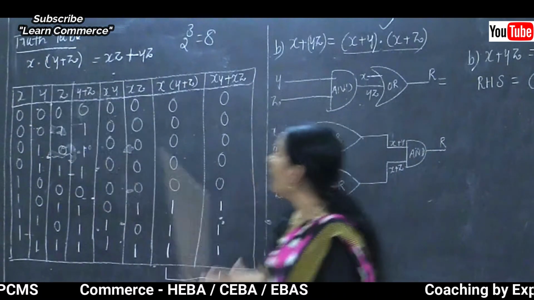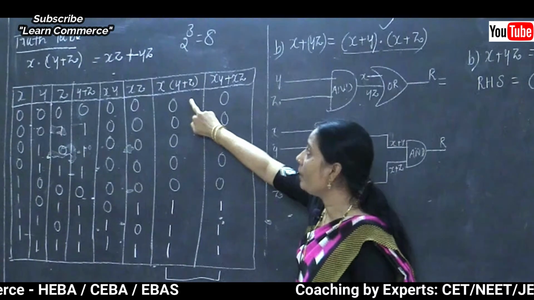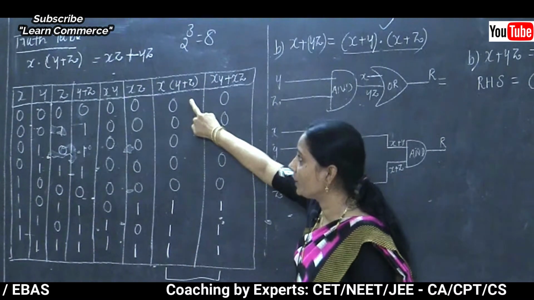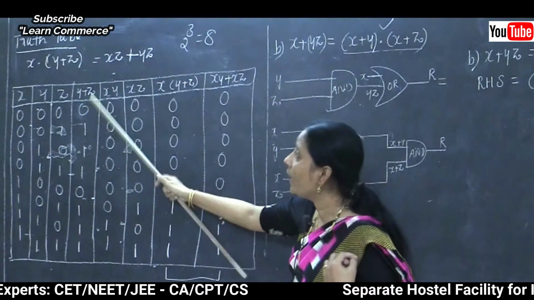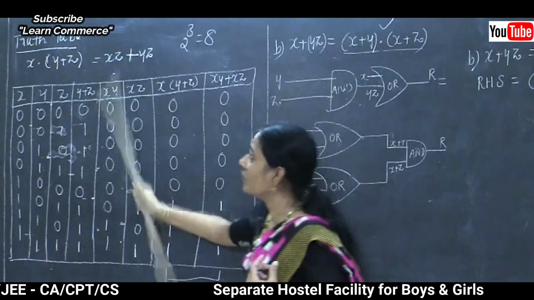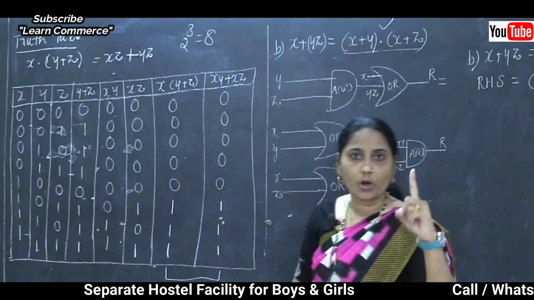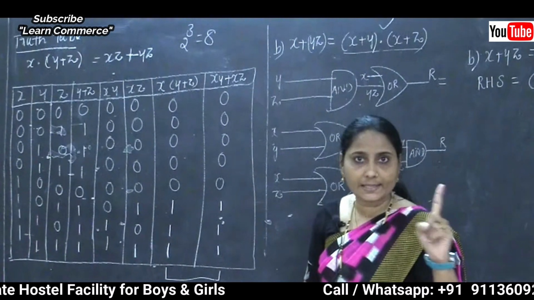Clear this point here? So for the column x(y + z), first we take the fourth column, named y plus z, and after taking that column, we multiply it with the first column, named x. Clear this point?